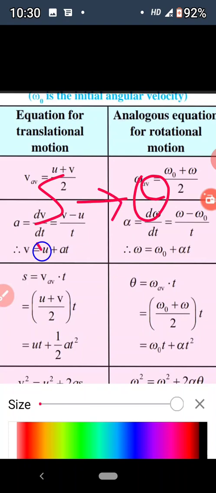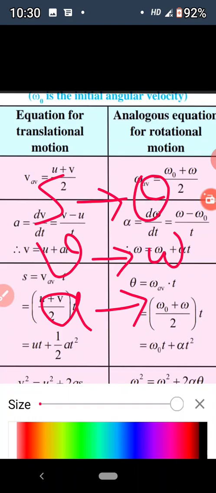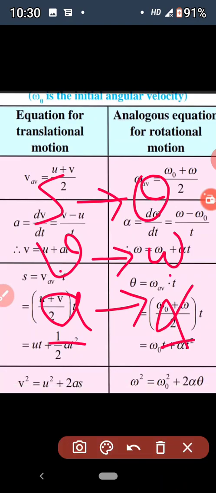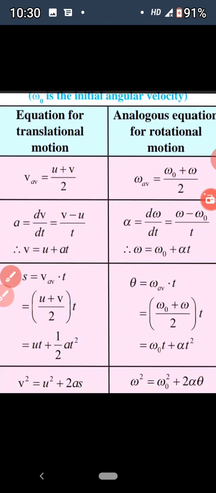Then linear velocity v is analogous to angular velocity omega. Then linear acceleration a is analogous to angular acceleration alpha. So if you change the physical quantities from s to theta, v to omega, a to alpha, we get the corresponding equations in this way.